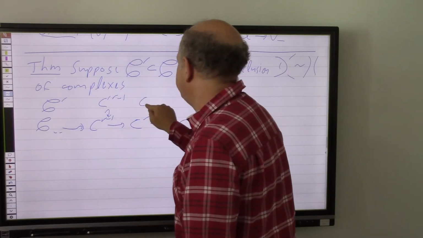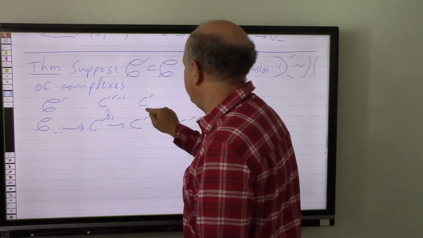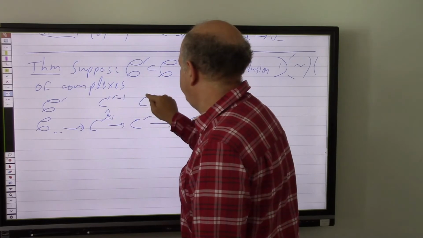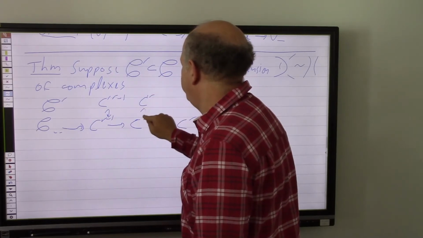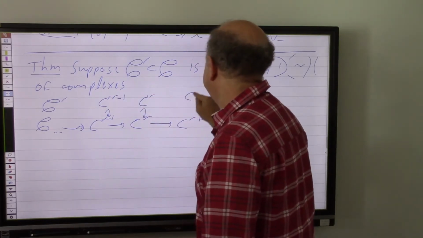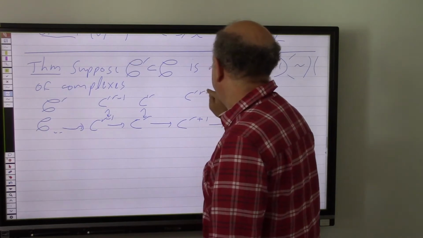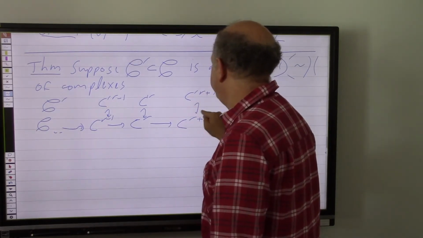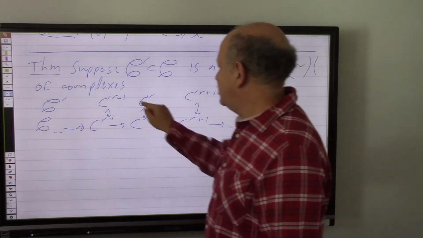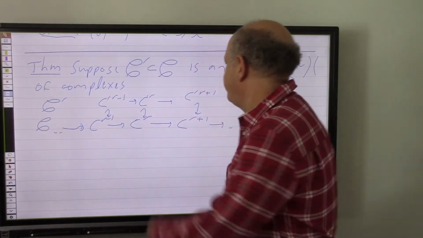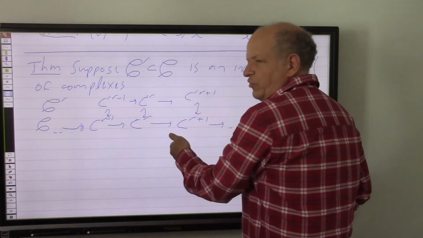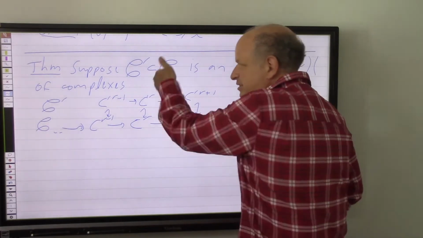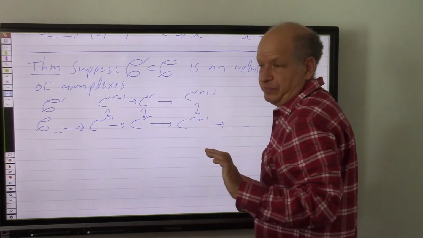There is a subset C prime^R of C^R. There is a subset C prime^(R+1) of this, such that the differential of the C complex restricts to C prime. Okay?